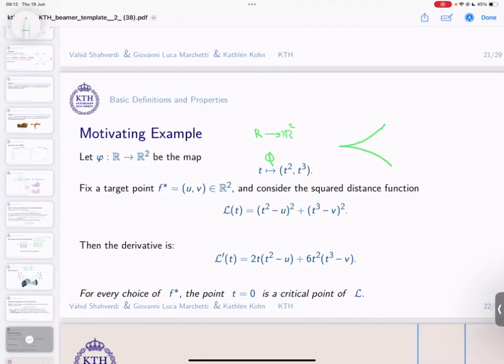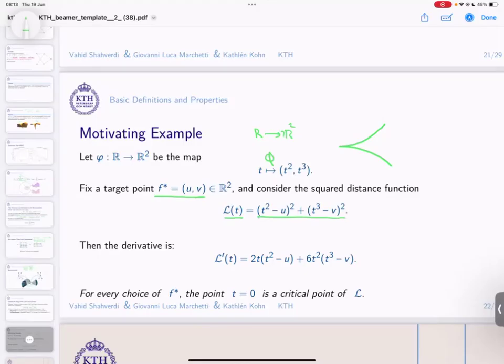You pick one point, which is going to represent your true function, f star. So it's a point in R^2. Now consider the squared distance function, that's your loss function. You want to compute the squared distance between the points on your set and this pair (u, v). So I write this distance function as the following.